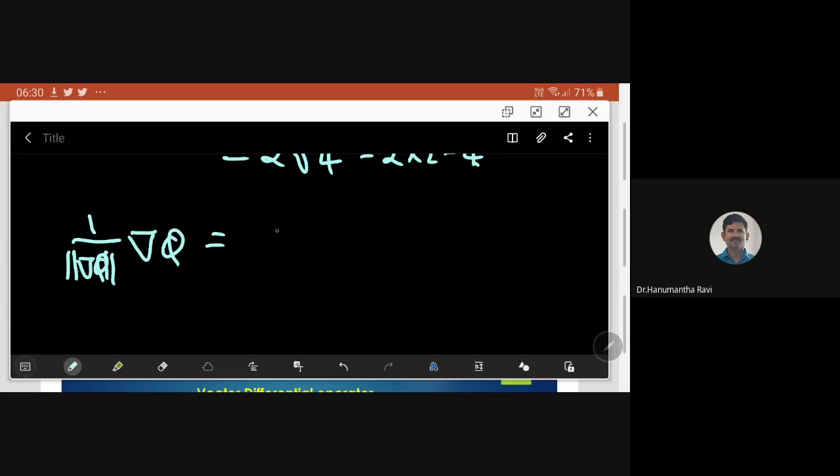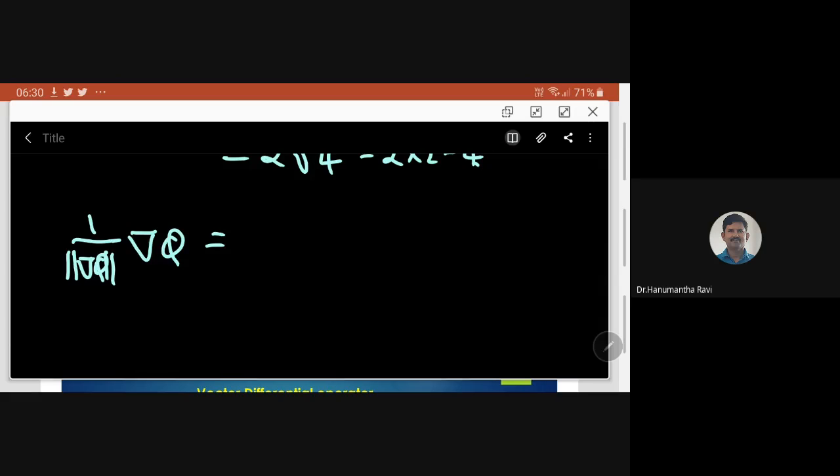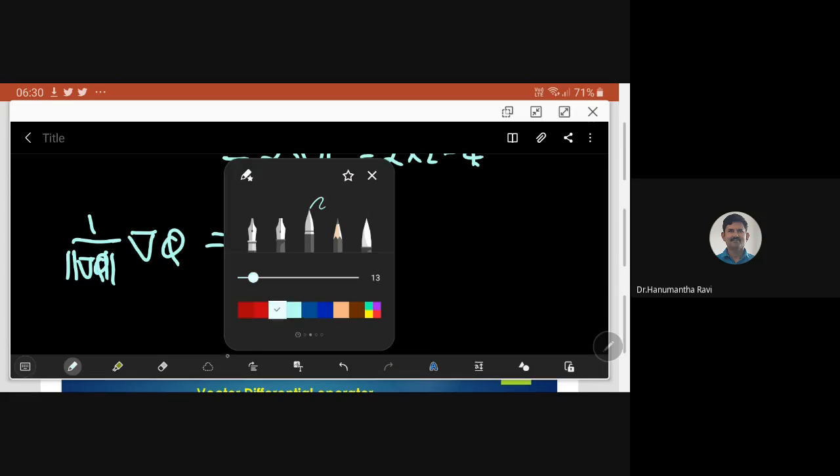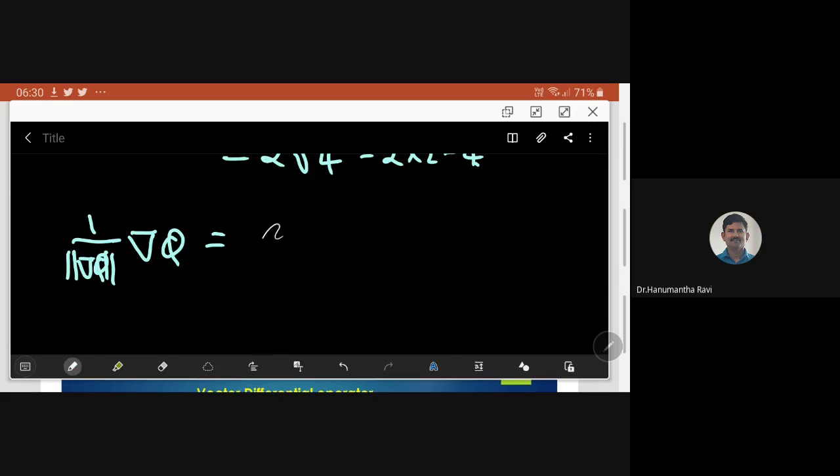Just now we have seen that number to be equal to 4. So it is 1 by 4 times 2x i bar plus 2y j bar plus 2z k bar.